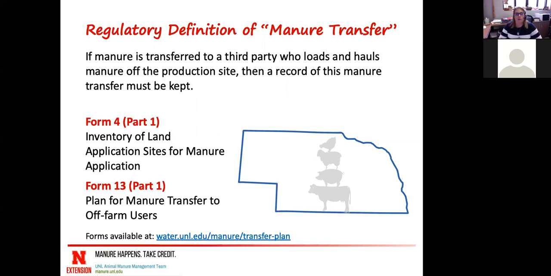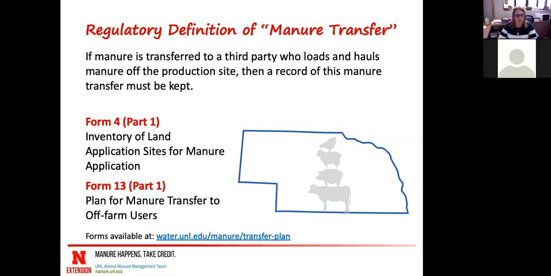So if manure is transferred to a third party, whether it's purchased or given to that third party, and that individual loads and hauls that manure off of the production site, then this is what would be considered a manure transfer. And then a record of that transfer would need to be kept.